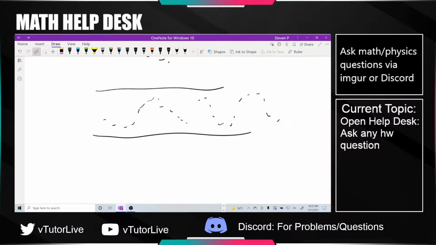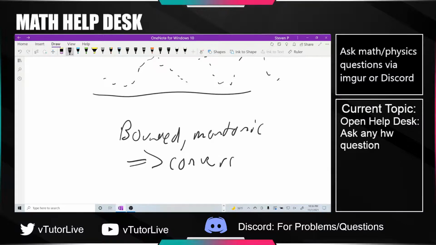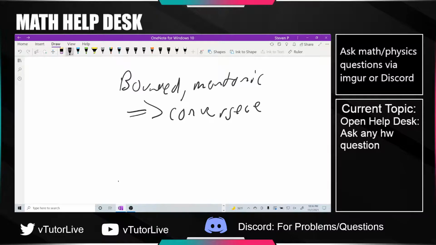The only result on this page that I think is very interesting is that a bounded monotonic sequence implies convergence. What do these words mean? Let's say you had a function that was going up and up and up, but you also know that it's bounded.